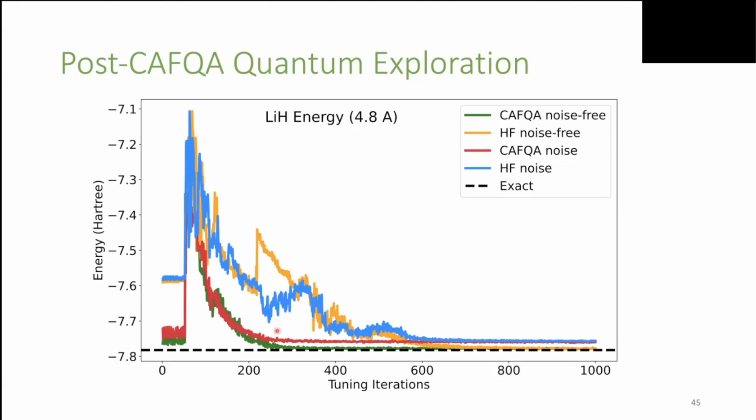And you can see that the real device can't really beat that. This red line is the noisy version, the green line is the noise free. In the noise free, you can slightly improve over CAFQA, but the red line does not improve over CAFQA initialization. Hopefully we will go closer to the noise such that we can reach the green line, but today we are not there.